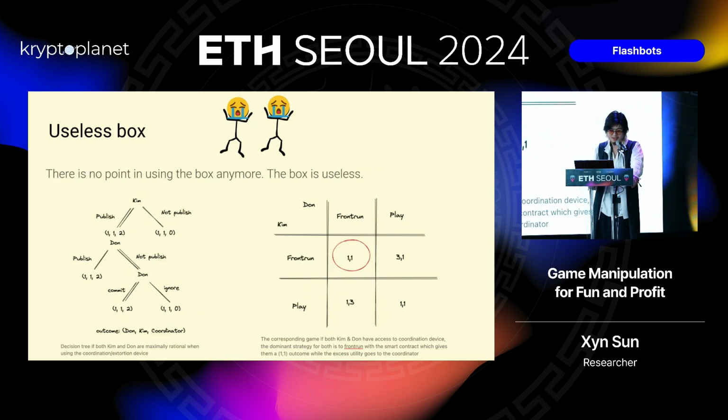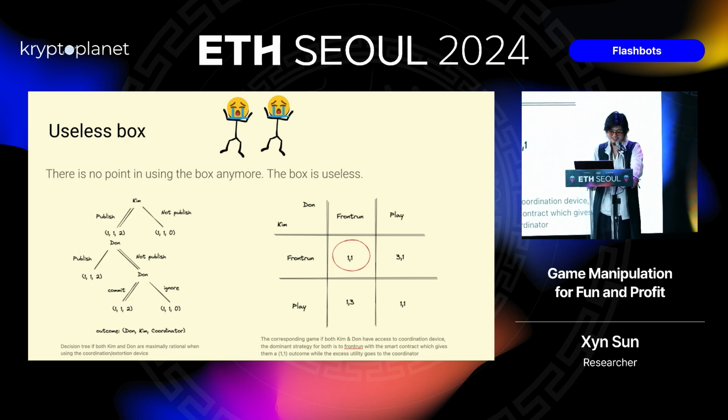So then what happens is that we have this similar useless box, right? Because we initially started with the goal of warping the incentives of the game using Ethereum to make it more welfare maximizing. However, due to the effects of this first price auction, or essentially player C, or more sarcastically, the permissionless nature of the black box, there's no point in using the box anymore.